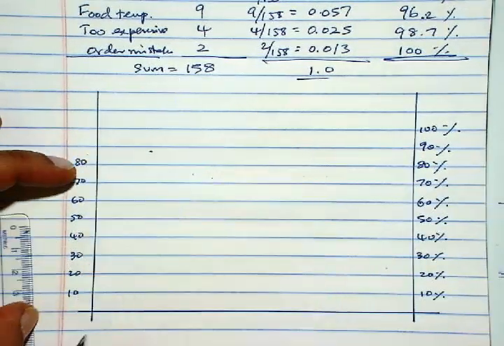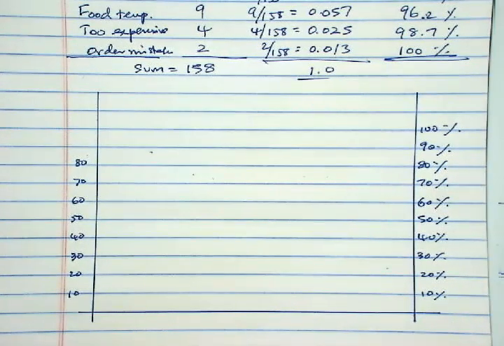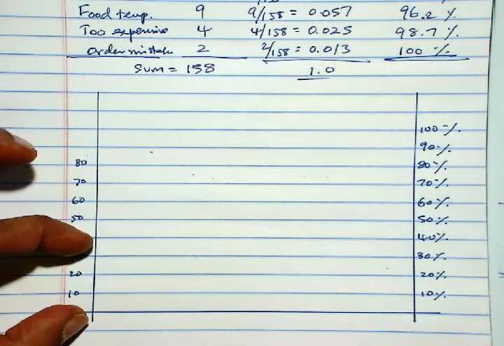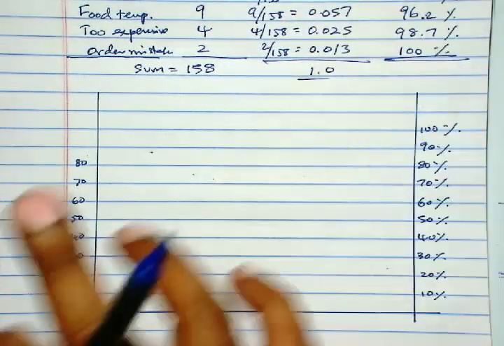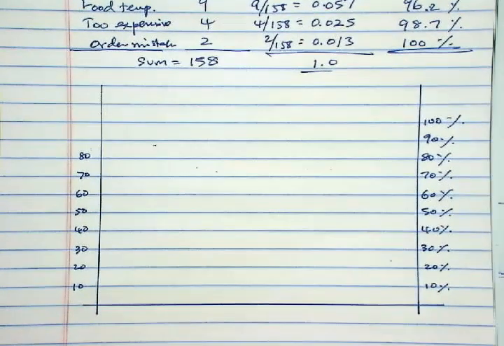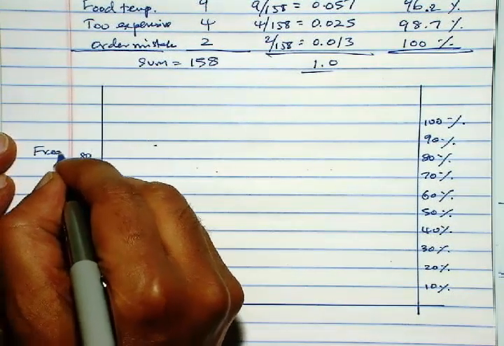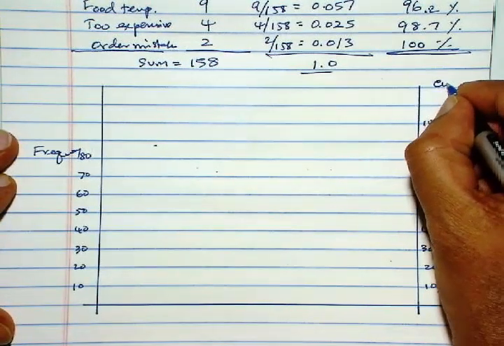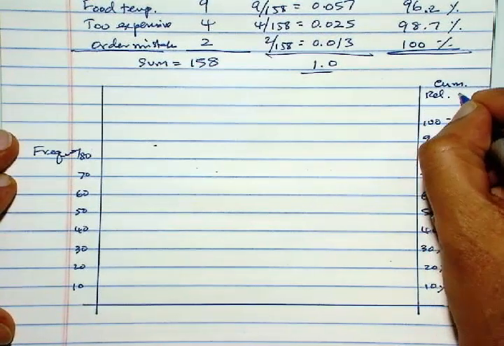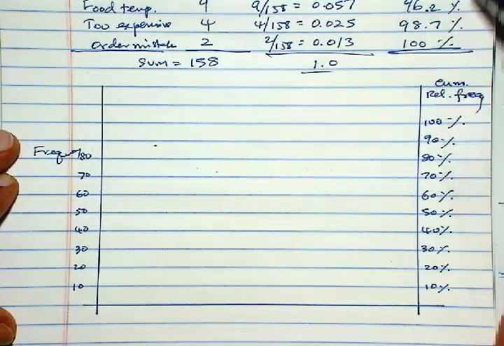So both the height of these two y-axes should be approximately about the same. If the height of one side is like this and the other side is that big, then the graph will not look nice. So this side is frequency and this side is cumulative relative frequency.